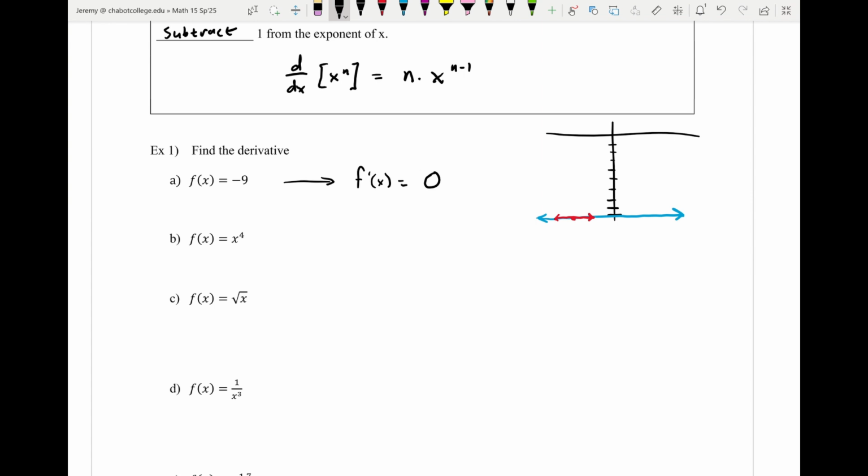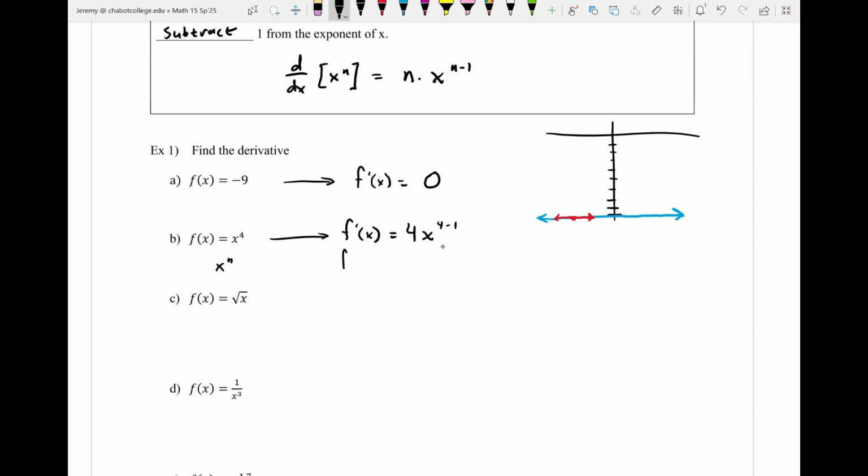Next function, f of x is equal to x to the 4th power. So according to the power rule, since this is in the form x to the n, where n is equal to 4, the derivative f prime of x should be equal to, okay, the process is bring down the old exponent 4 and then subtract 1 to get the new exponent on x.